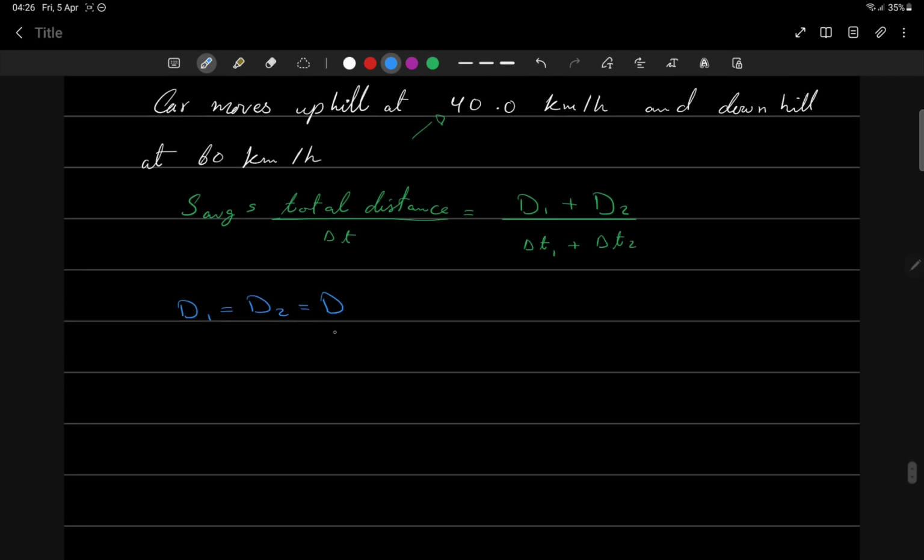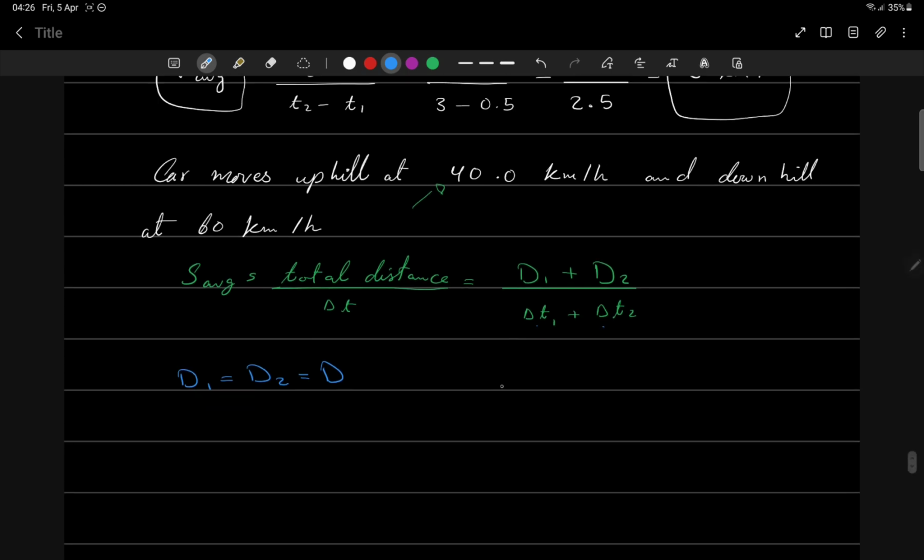Now, but the time is not the same. The time is not the same because when it was going uphill, it was going slower than when it was going downhill. So the first speed when it was going up, let's call it S1, equals distance divided by delta T1.